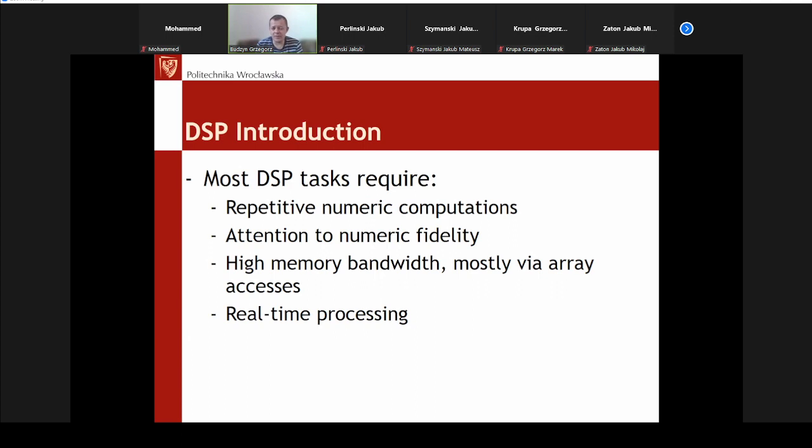There should be high memory bandwidth available. When we talk about large streams of data, especially video data, the available bandwidth of the processor for writing and reading from memory or from various locations should be pretty high. And the processing should be in real time, which means two things.